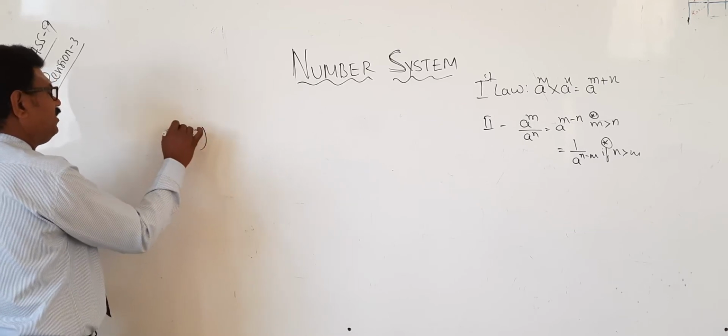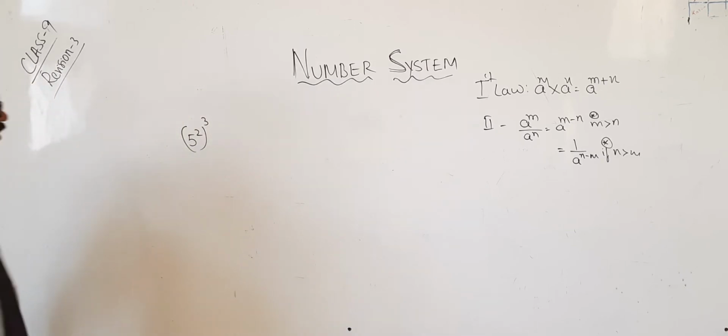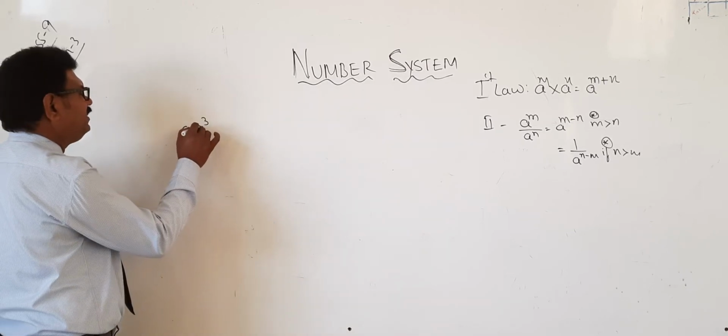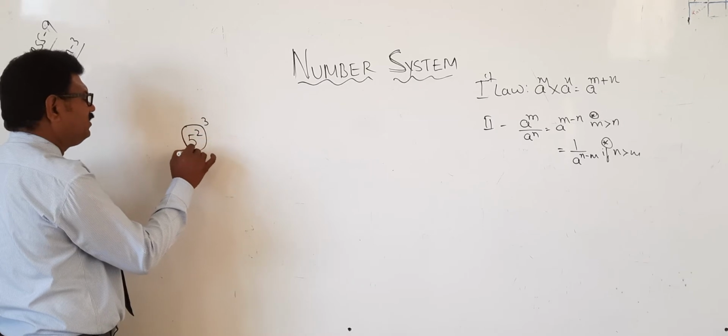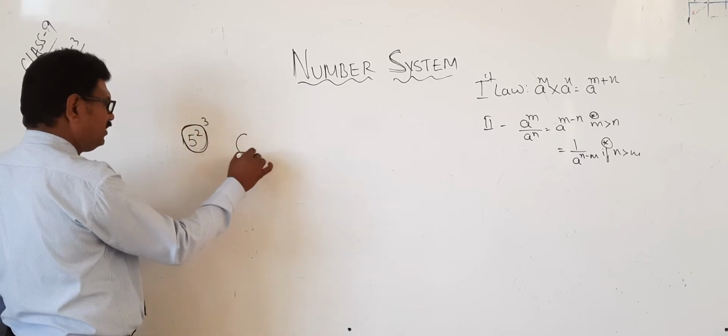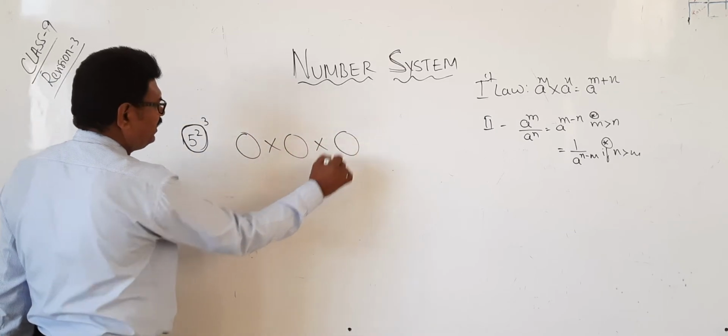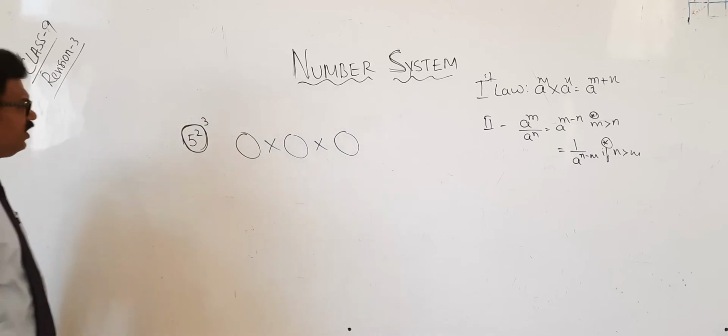Next one: 5 square whole cube. Now think of this 5 square as one box or one circle. Therefore, how many circles should I write? 3 circles, because the power is 3.